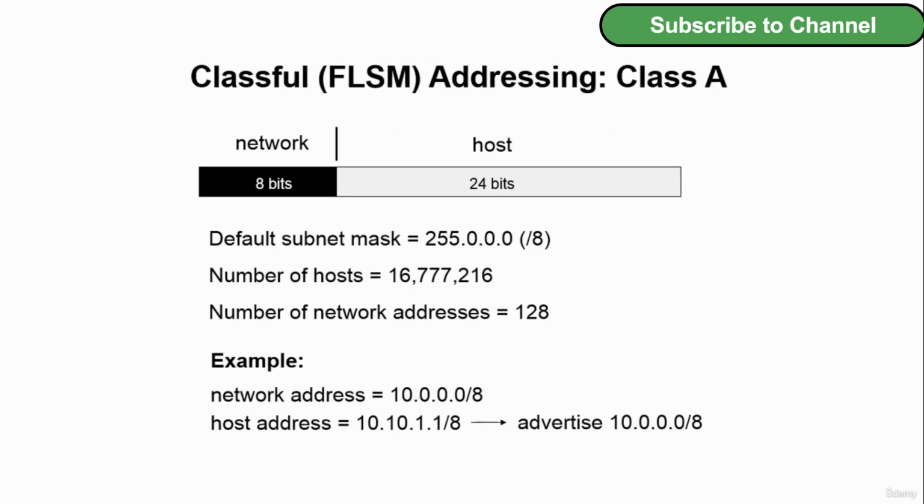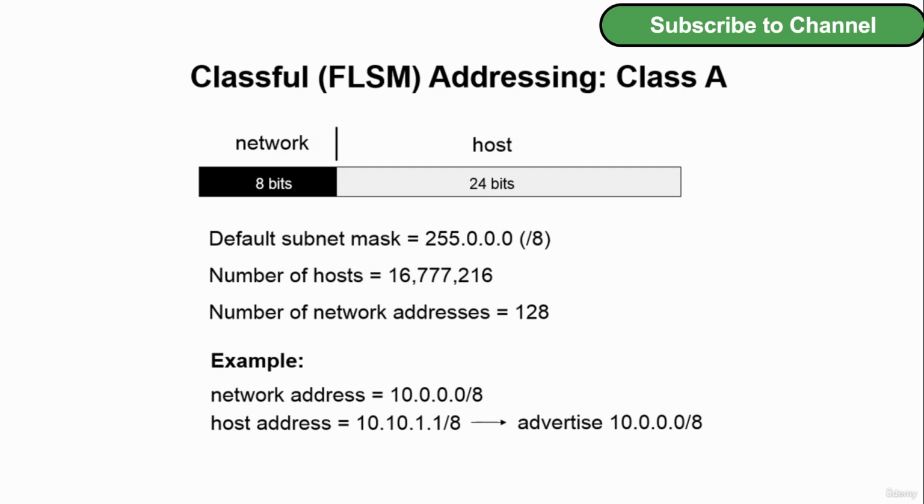And with Class A now, the subnet mask is shifted even further to the left, and it's got 8 bits for the network, so there's only 128 network addresses. So that's impractical. You're going to need a lot more today than that. And the hosts are 16 million, so there's no practicality to it. If you're using it as classful, it's something you really have to subnet to use in a practical way.